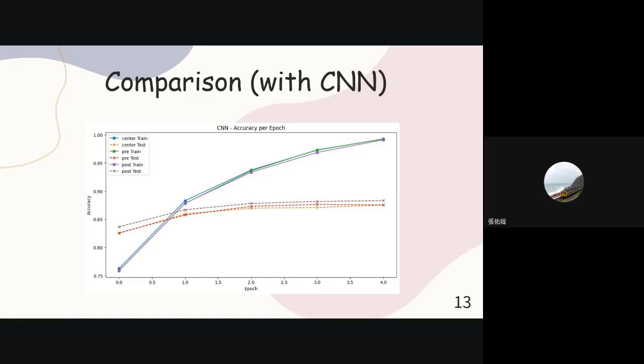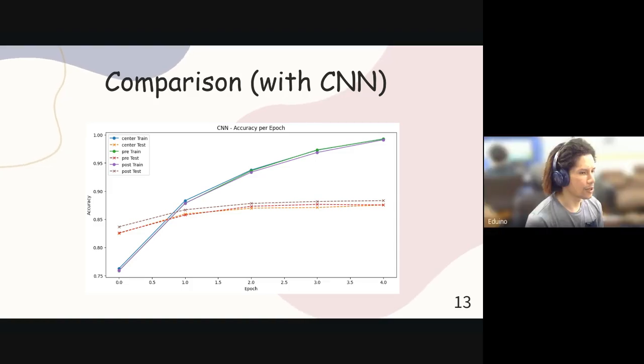The difference between test accuracy and training accuracy, in pre-test, post-test, or center train center test, is around a 10% drop or even 12-13%. So the overfitting is more severe here. So we can infer that BERT can be more robust toward overfitting than the CNN.